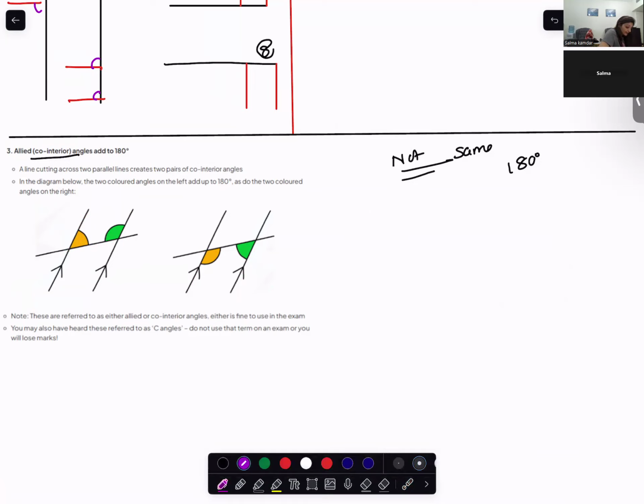They are not equal. So an F shape angle, that is corresponding angles, they are the same. Z shape angle, that is alternate angles, they are also equal or congruent. But when I talk about co-interior angles, the sum of them makes 180 degrees. Now, how do I use it?